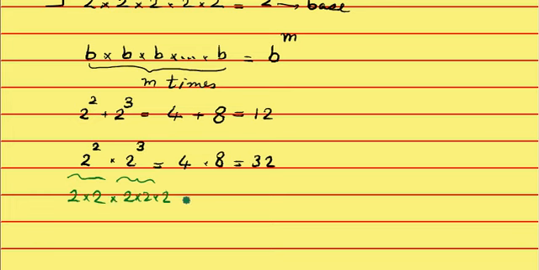Now you're multiplying all of them together, so now you have 2 multiplied by itself 5 times, and that gives us 2 to the power of 5. We noticed that essentially we added up the number of repetitions here, which was 2, and the number of repetitions here, which was 3, and that gave us 5. So you can say 2 squared times 2 cubed is the same as 2 to the power of 2 plus 3.